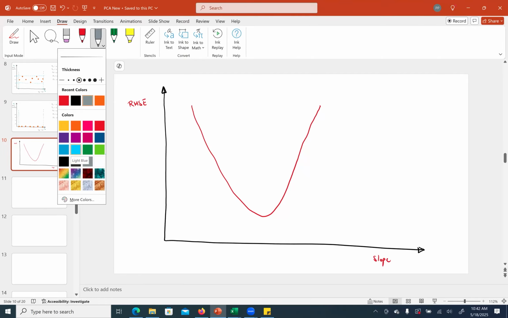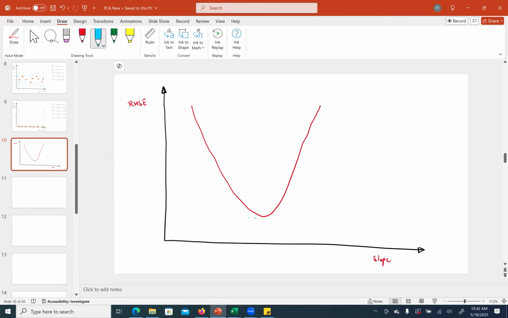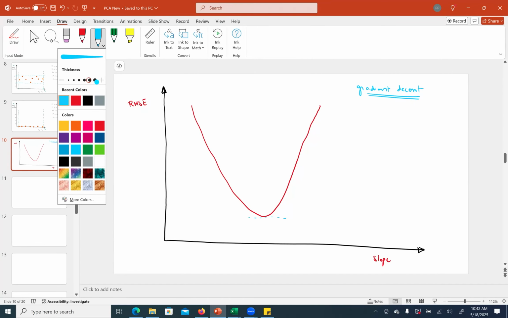Remember? We were trying to find the global minima. And that concept we call gradient descent. In linear regression, we discussed gradient descent. Gradient is nothing but slope. Descent is nothing but going down. So going down the slope is nothing but gradient descent.